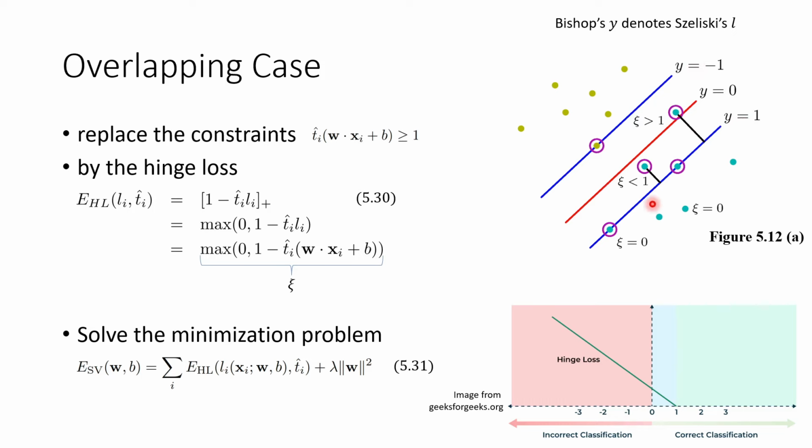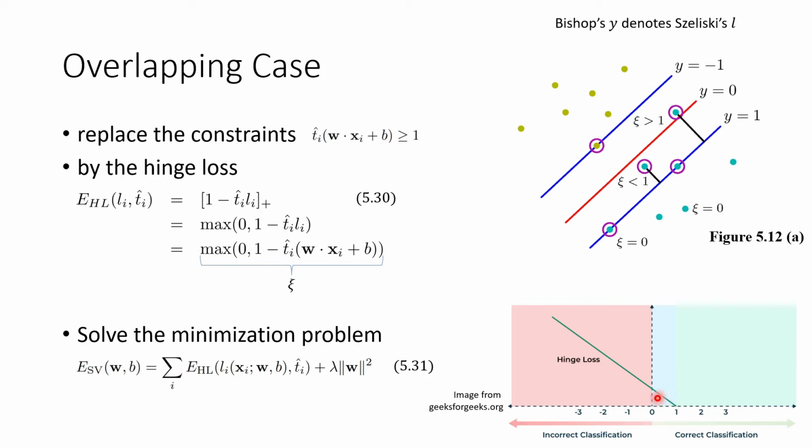For those points, epsilon, this is the definition of epsilon, is greater than 1, so there is no penalty. But for these two points, epsilon is less than 1, so according to the hinge loss, there will be some penalty.